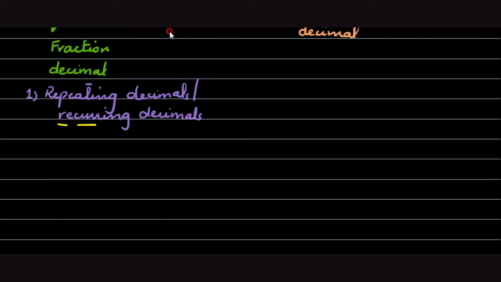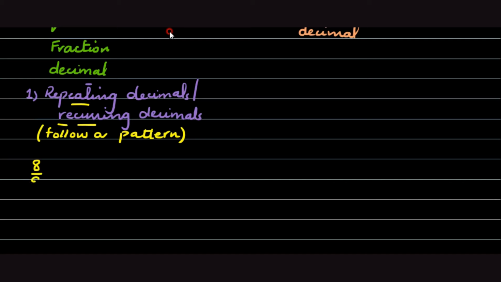Remember that. Reoccurring means repeating, means following a pattern. As we are talking about decimals, we have to check what type of pattern they are talking about. Let's have an example.